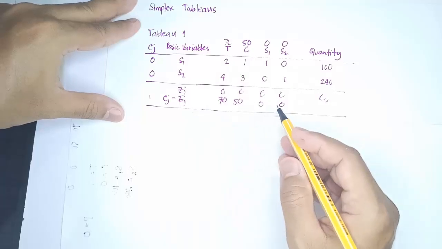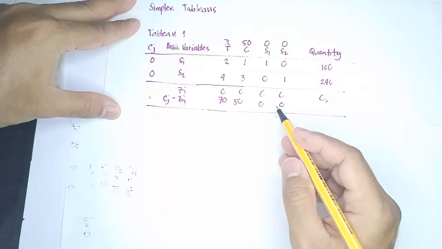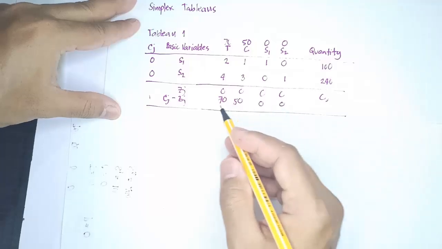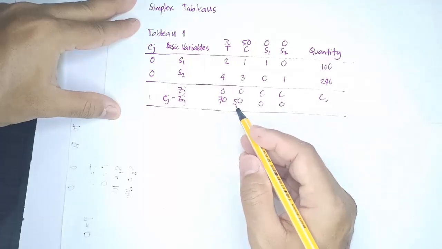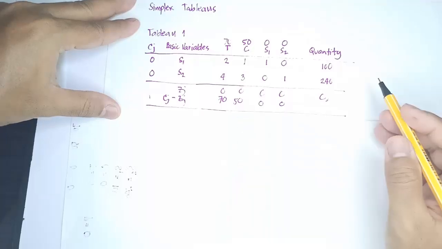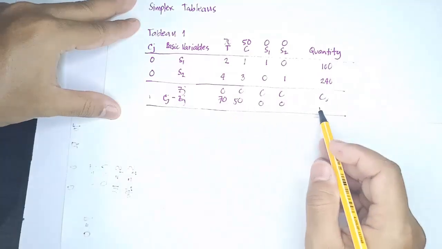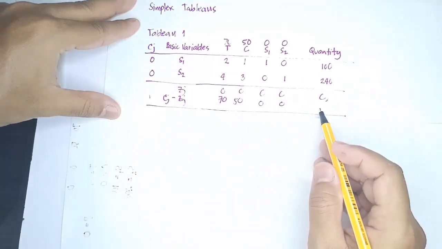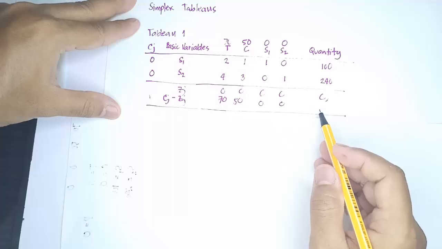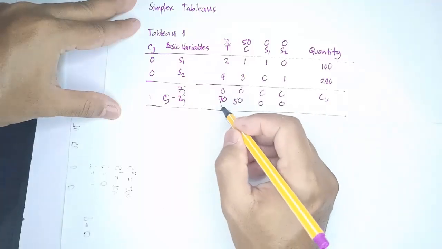And for this case, that condition has not yet been satisfied, because we have two positive numbers on this row. To proceed to the next iteration, first we need to identify the most positive value in this row, C sub j minus Z sub j. The most positive value is 70.